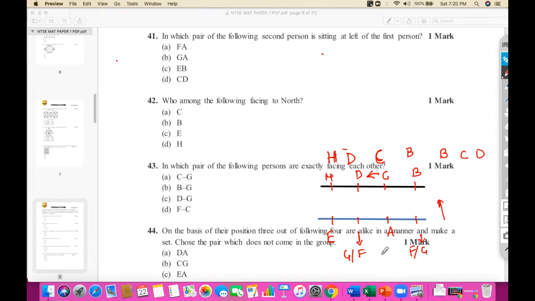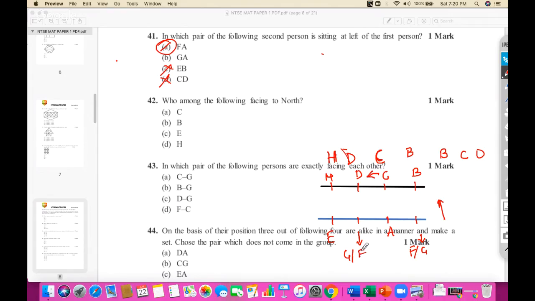So FA, I don't know whether FA is sitting because that place has not been identified. Now try to understand. EB is not a right answer. CD, second person is sitting to the right, so this is not the answer. Now FA or GA can be the answer. So this question I have a doubt. So let's not put it.